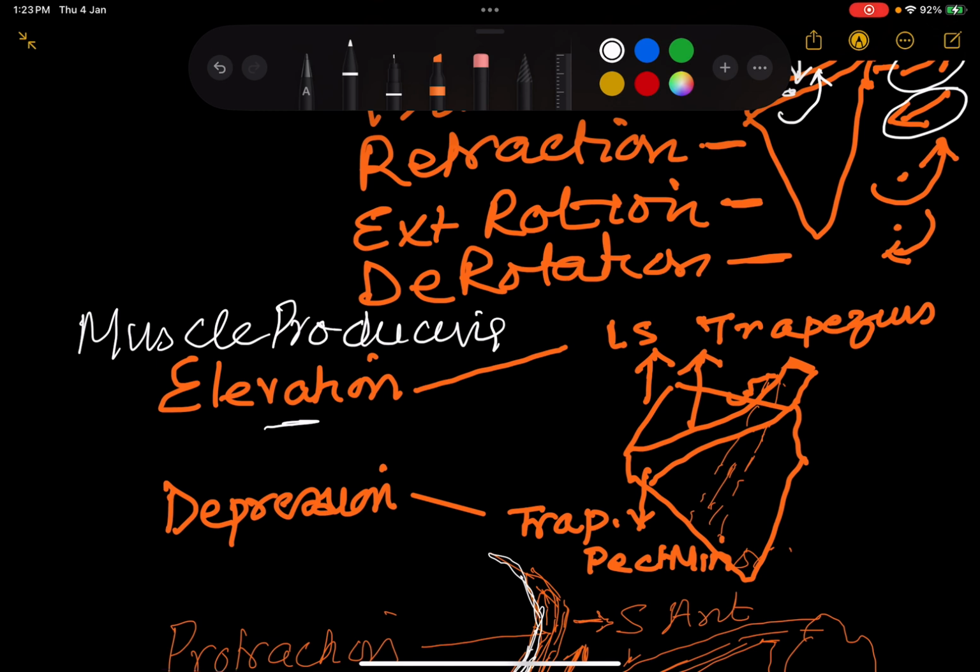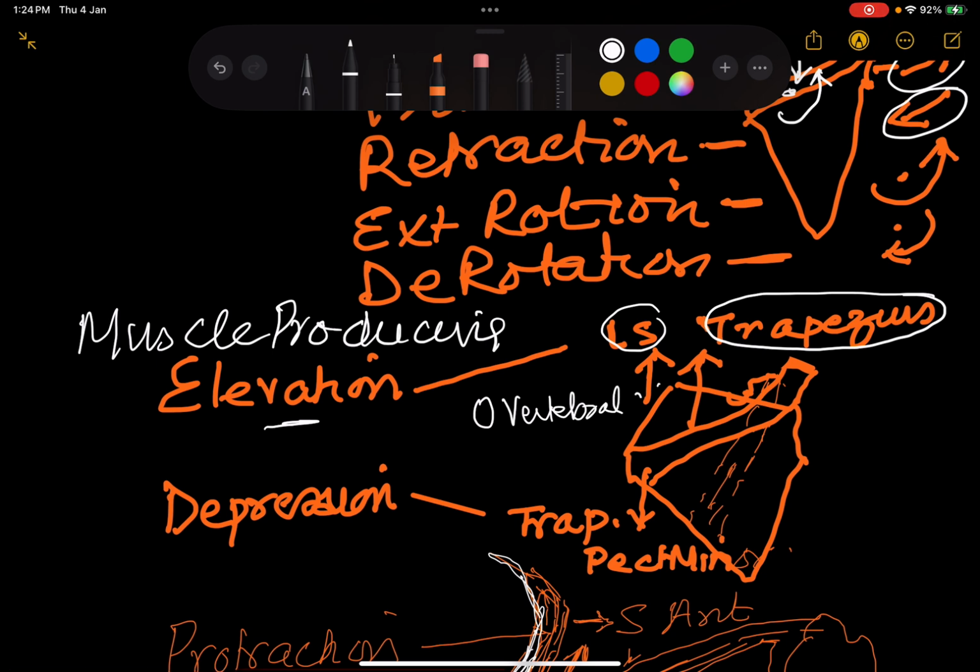For elevation, the levator scapulae and the trapezius will elevate the scapula. If the levator scapulae is really contracted, then there will be a high shoulder, which is called triangle deformity. If the levator scapulae is converted into a bar, the bar is called the omovertebral bar.